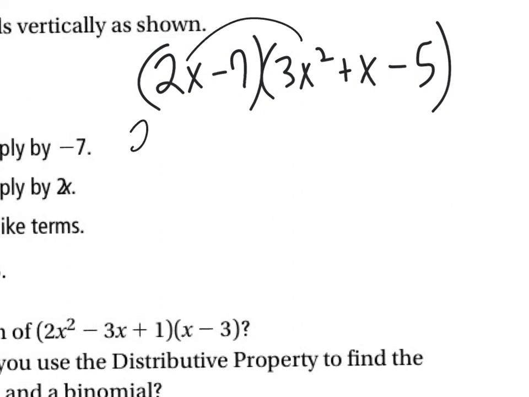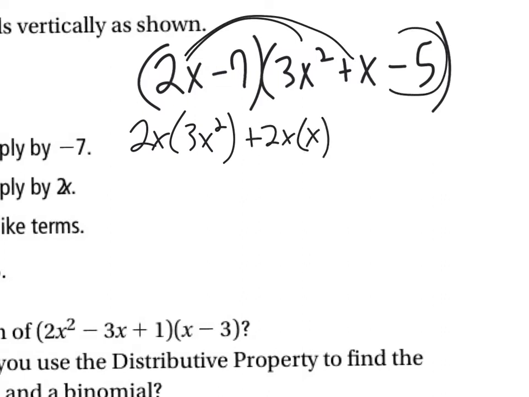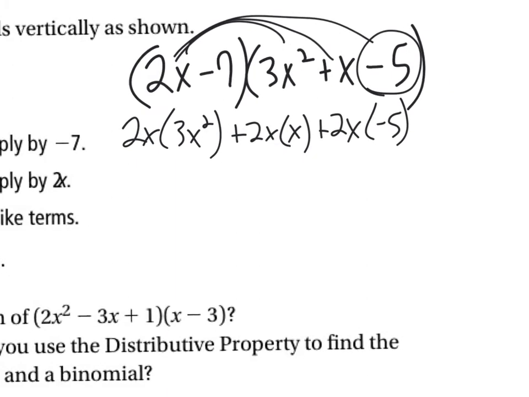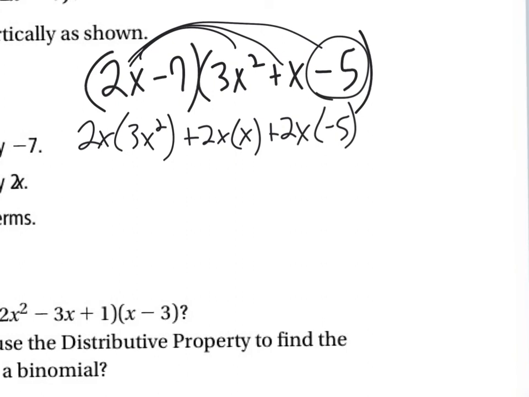So we can distribute the 2x. Make sure we think of this as a -5. And then we can distribute, this would be like distributing a -7.